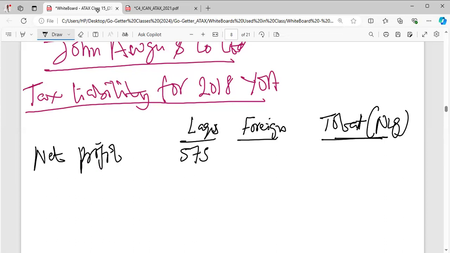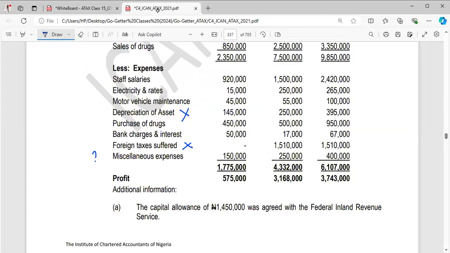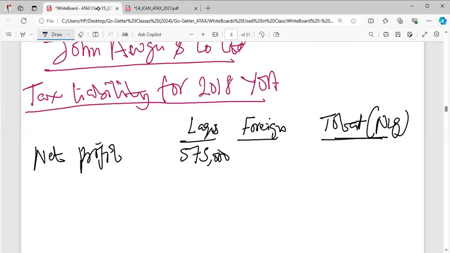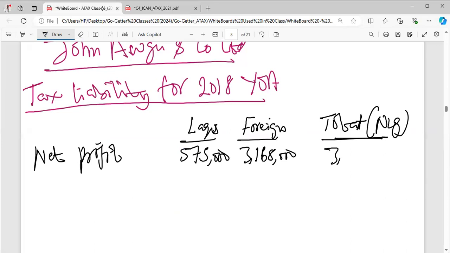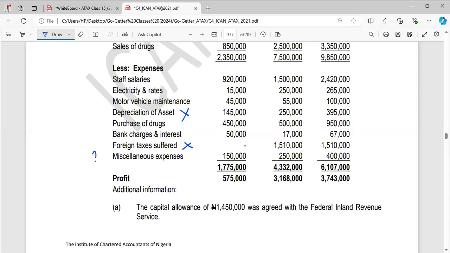It's 575,000, and this is 3,168,000. When you add it, 3,743.